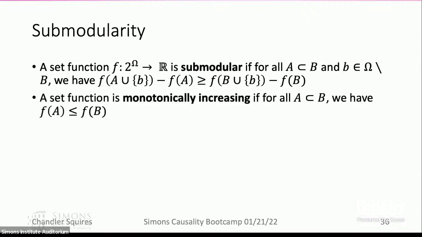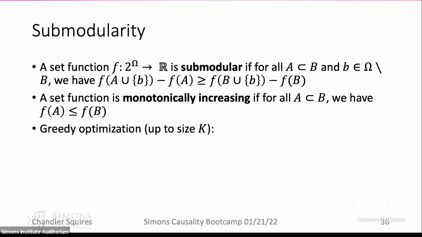And we'll see how this comes about with these directed edges. And then a second definition that we need for these types of functions is that the set function or submodular function is monotonically increasing, meaning having more things in the set gives me a bigger value.